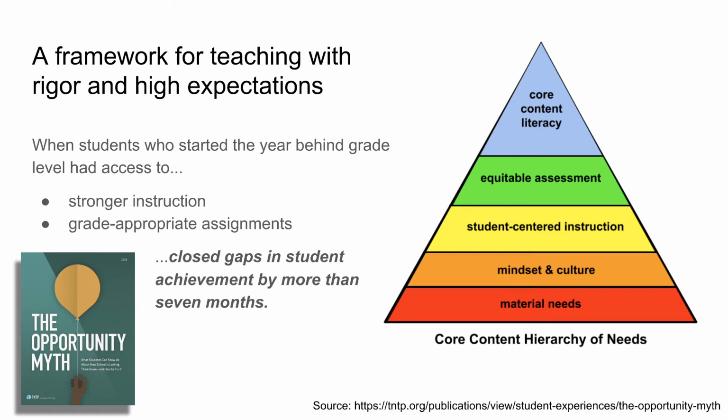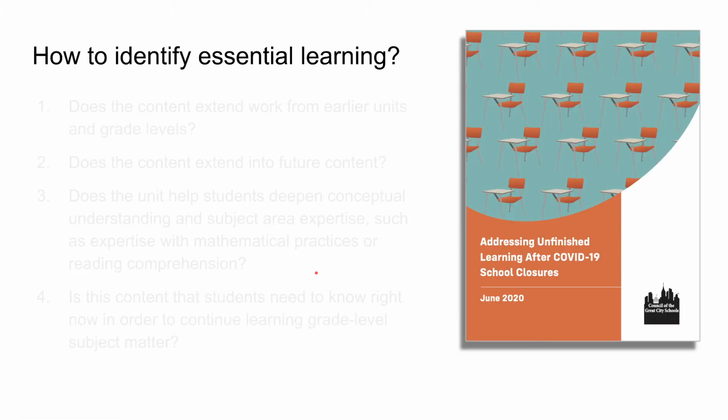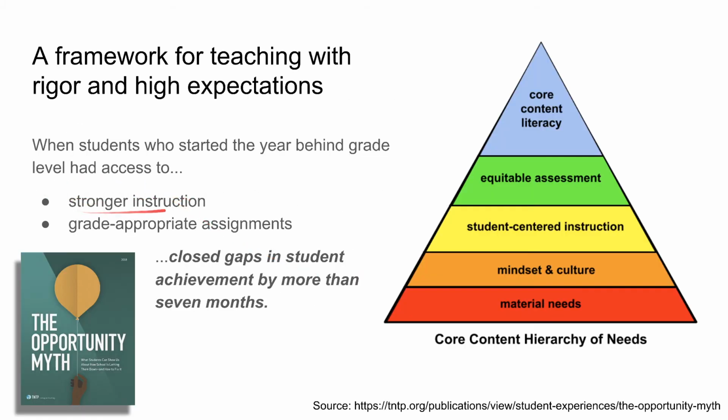When students are given access to strong instruction and grade level assignments, those students who formerly were behind grade level closed gaps by more than 7 months in a single year.